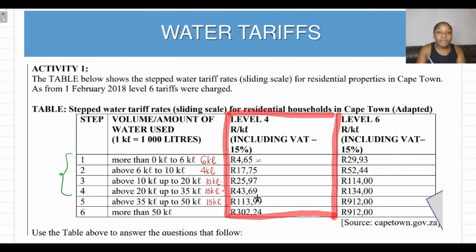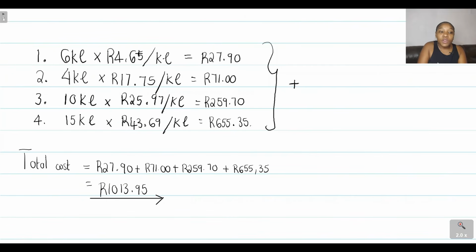You can only round off your final answer, but when you're doing your calculations, you should never round off these values. You need to use these values as they are. That is how you approach your water tariff questions.